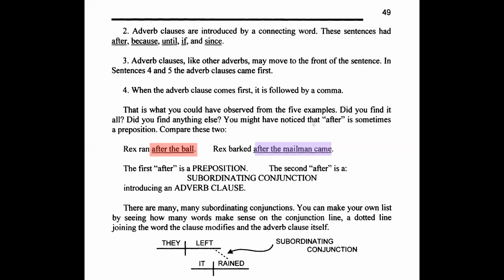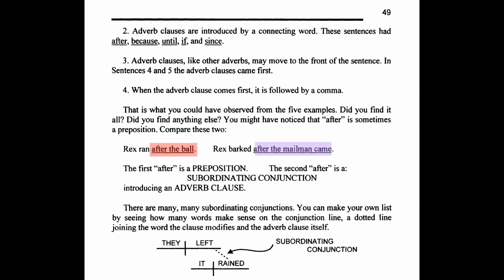The other way to go about it is to say, okay, where we have a subject, we have a verb, it doesn't stand alone, and it's modifying Bart. And what question is it answering after the mailman came? It's answering the question when. Therefore, it's an adverb. So those are the two kind of directions you can go about it. The first after is a preposition. The second after is a subordinating conjunction introducing an adverb clause.